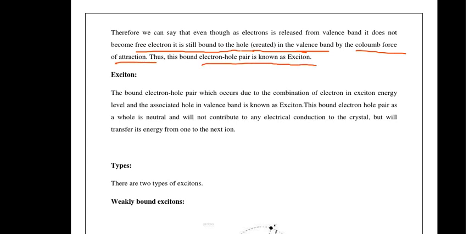So hope you understood what an exciton is. That is the bound electron-hole pair, formed by the combination of the electron in the exciton energy level and the hole in the valence band.